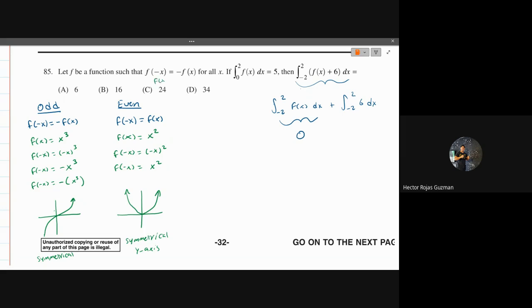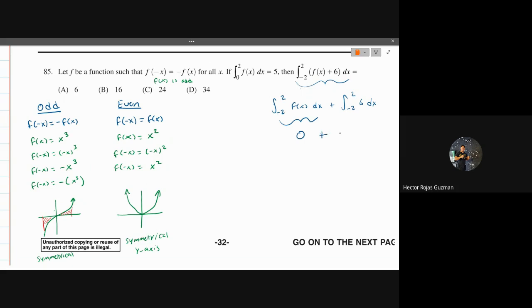Because f of x is odd. And remember, an odd function is symmetrical with respect to the origin. Look at my cubic. If I do my integral from -2 to 2, I'm going to be doing this area, and adding it with this area, and it's exactly the same amount. So it cancels out.